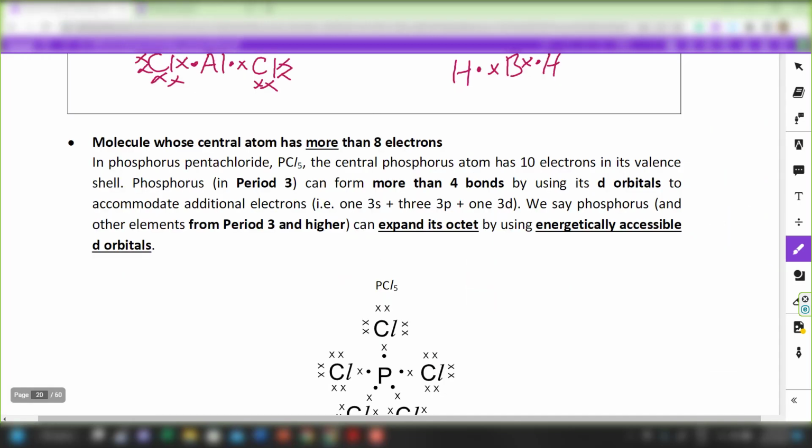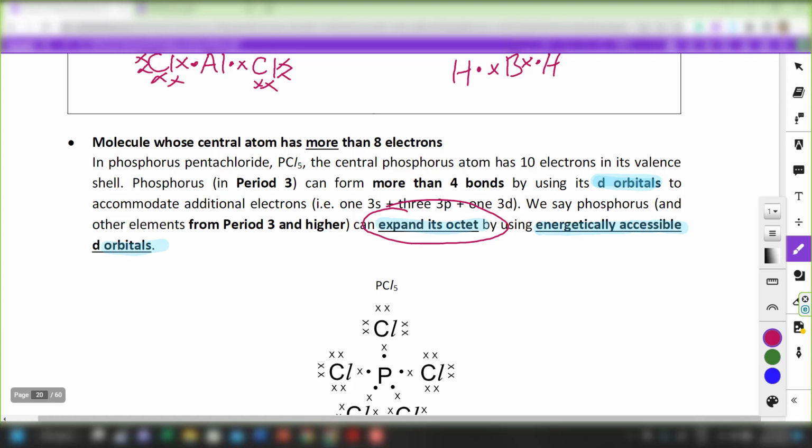And that's why over here, the explanation provided is that due to the presence of d orbitals, which we normally say are energetically accessible, octet expansion is possible. Now I don't quite like this term octet expansion because it just sounds weird. It simply means that it can hold more than 8 electrons in its outermost shell.